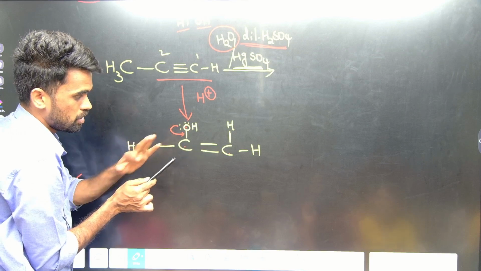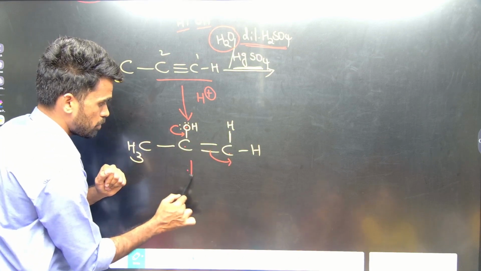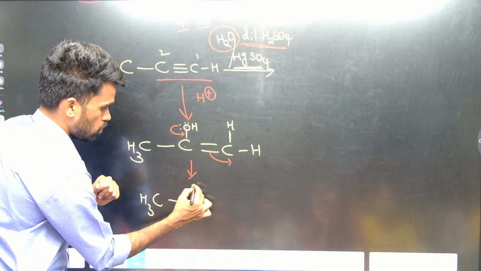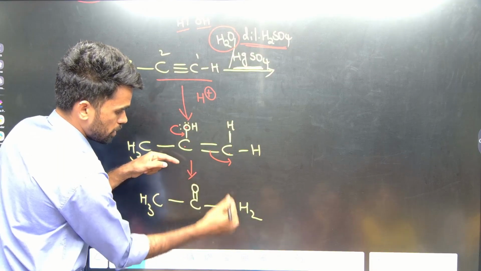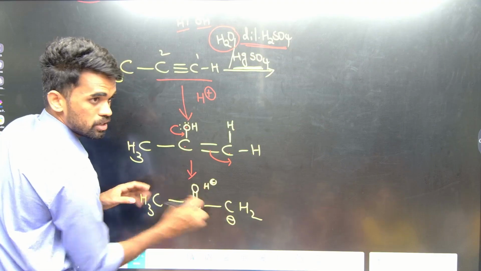This is the fifth bond. It cannot hold 5 bonds. So one of these bonds will shift here. So now what happens? CH3, C, O, already 2 hydrogens are there. This bond is coming here, meaning negative, and this H plus is positive. So they will also make one bond now.